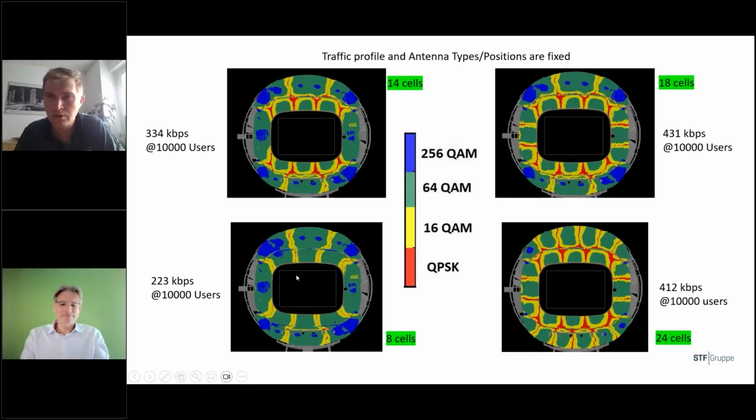We can consider more. Exactly for this webinar, for this showcase, we can consider designs with 8 cells, 14 cells, 18 cells, and 24 cells. Same traffic profile, same stadium, same antenna type, and let's drop just 10,000 users for each of these proposals.